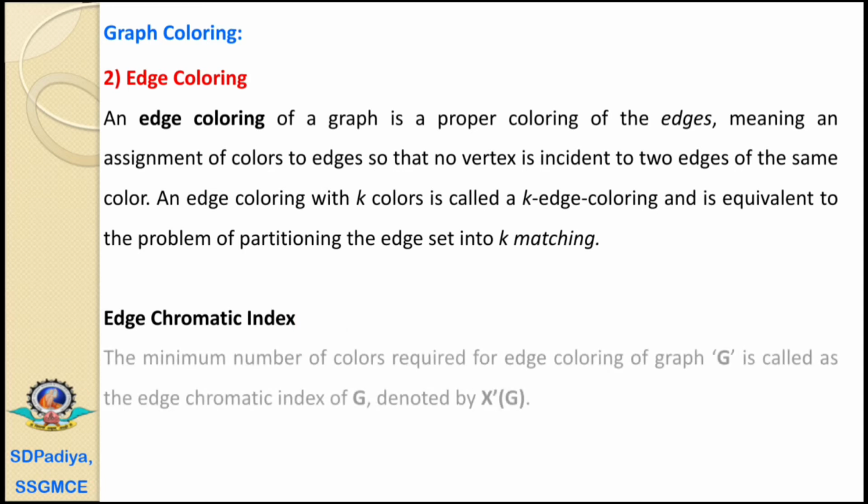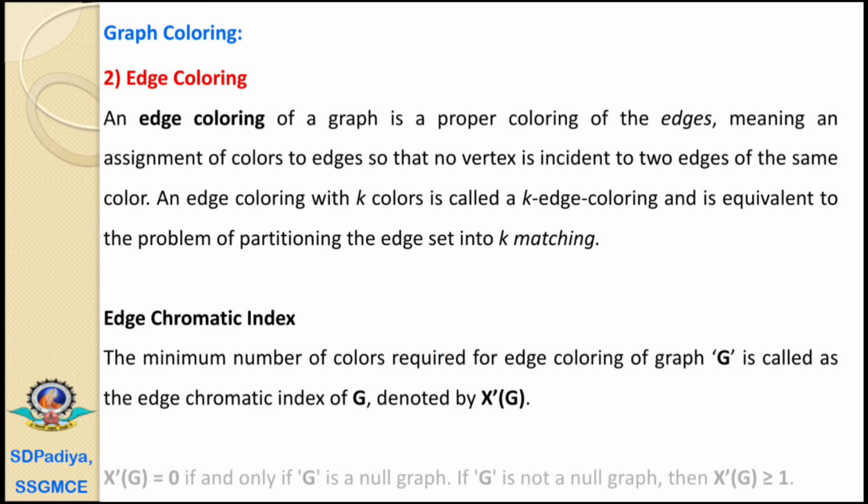The minimum number of colors required for edge coloring of a graph G is called the edge chromatic index of a graph G, and it is denoted by χ' of G. If we have a null graph, then there will be zero edges. Therefore χ' of G is equal to 0 if and only if the graph G is a null graph.